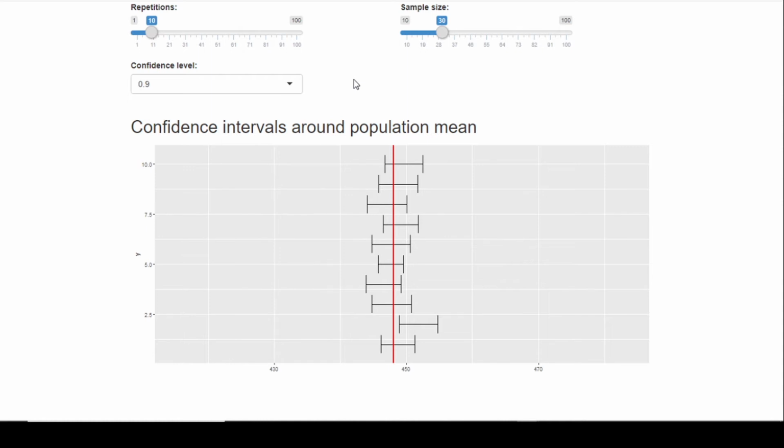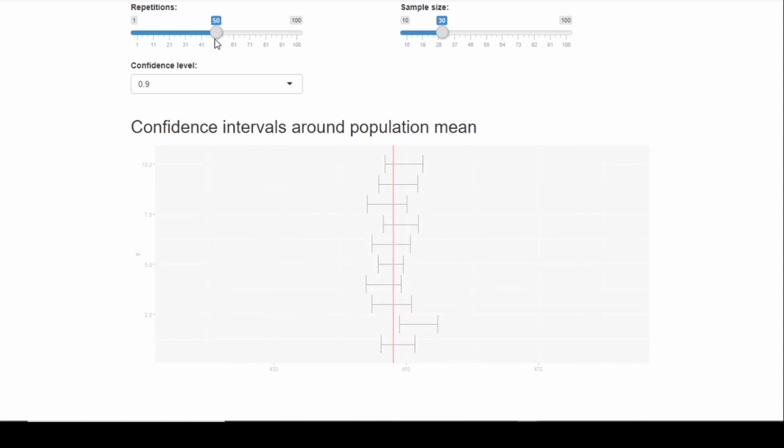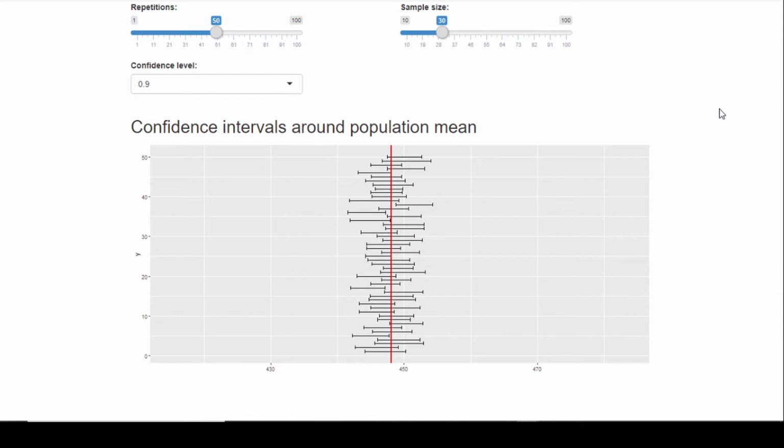Suppose now that we take 50 samples of size 30 and we set up confidence intervals for those 50 samples, then one would expect that 5 out of those 50 confidence intervals will not contain the red line. Okay, so you can go and count how many of these 50 intervals do not contain the red line.